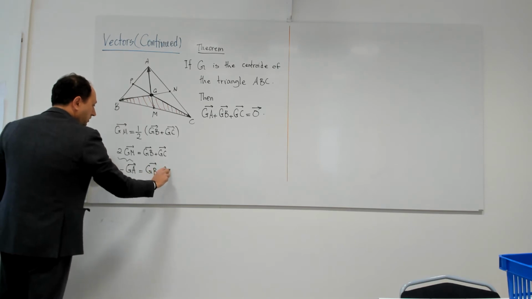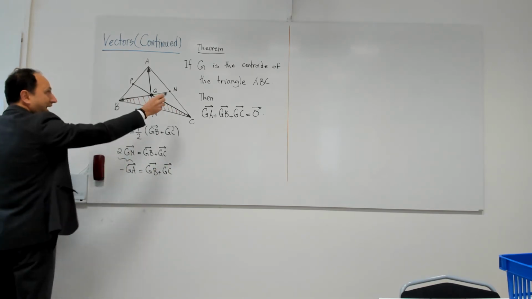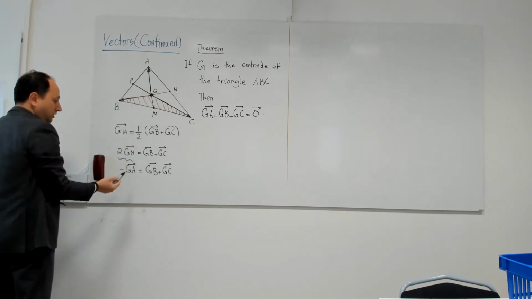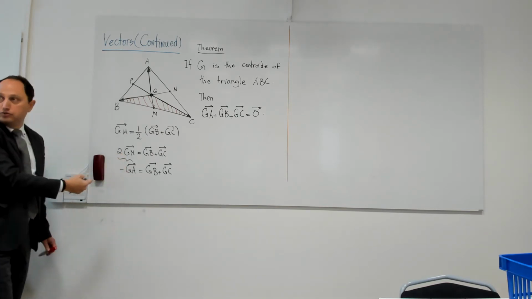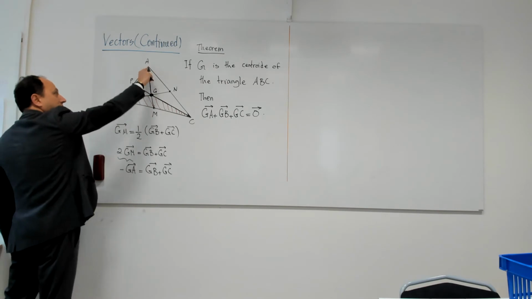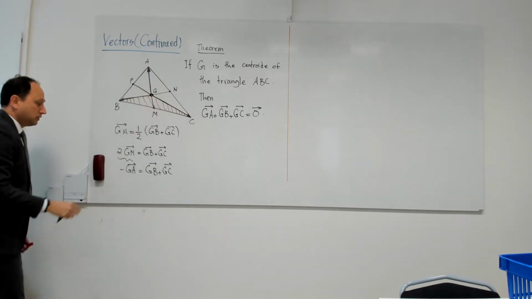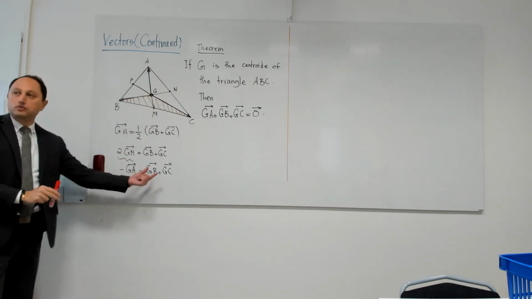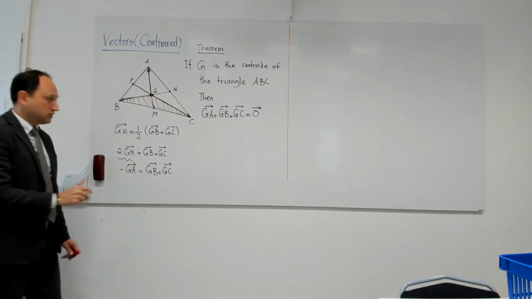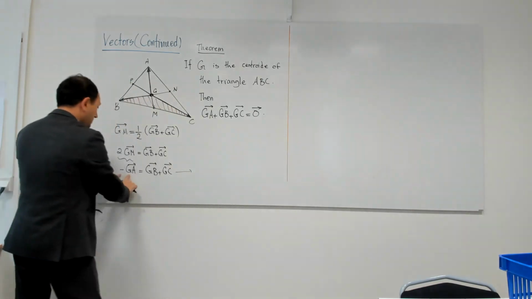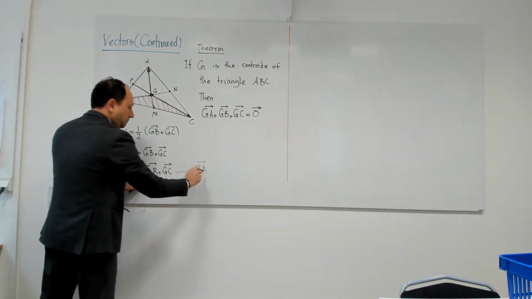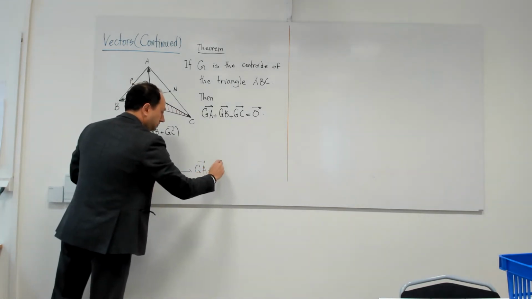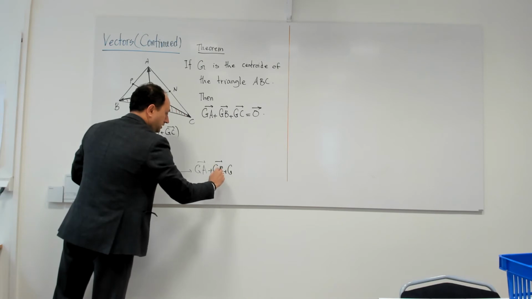This was crucial. If I hadn't shown you the previous theorem, I would not have been able to replace this by that. The reason I could do this is that I know this is 2 times larger than this one. Then you just need to move this to the other side and you are done. It becomes positive GA, positive GB, positive GC.